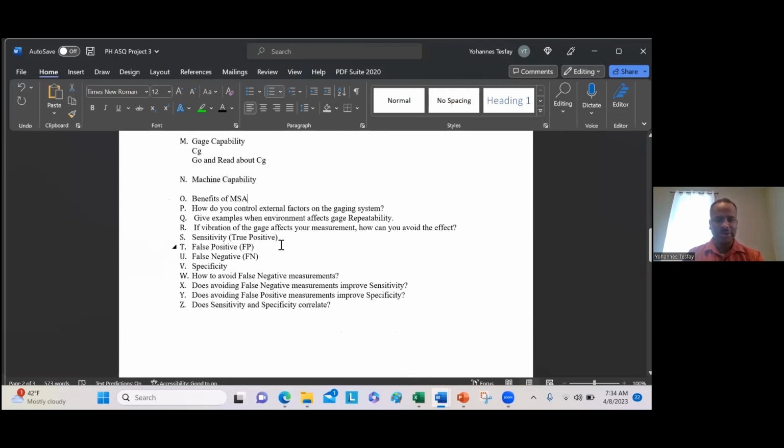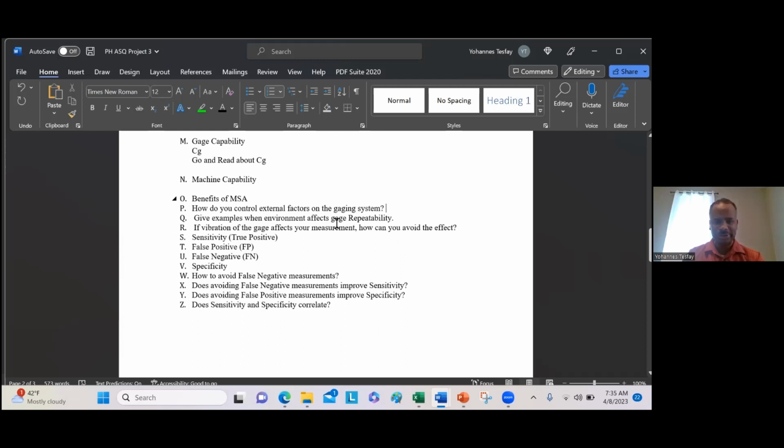The other benefit of MSA is known. How do you control external factors on the gauging system? First, you should detect whether external factors exist or not. How do we detect that?